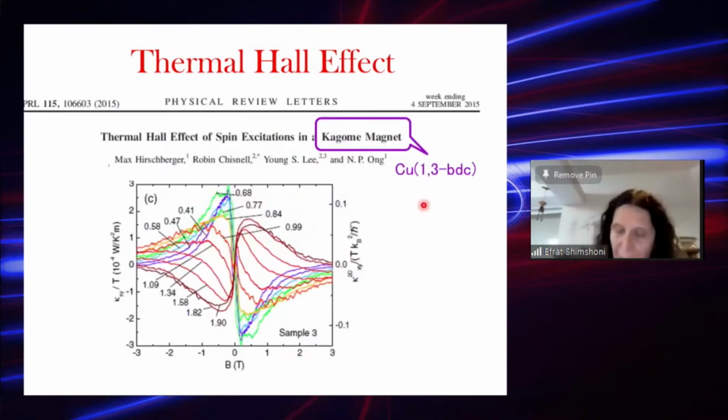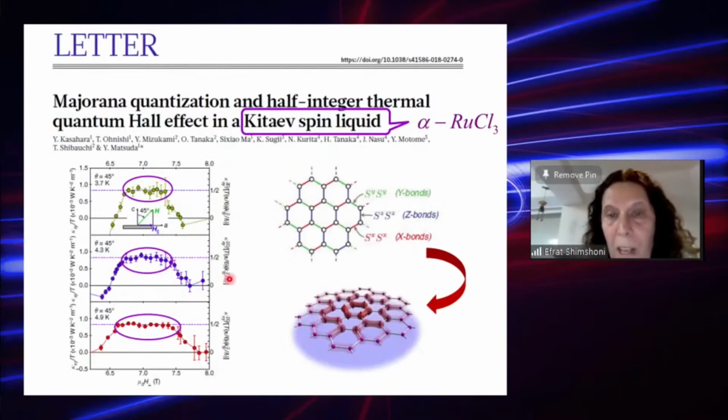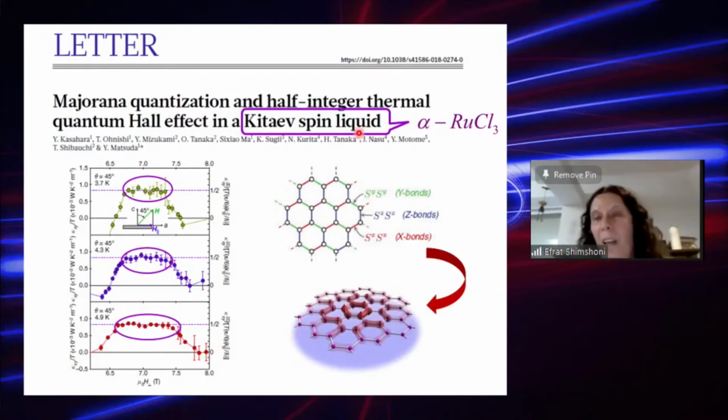Since I don't have much time, let me just mention briefly that there were some magnetic systems where a thermal Hall effect was measured, and I don't want to discuss the result except for mentioning one of them that is obtained in alpha-RuCl3, a candidate for realization of the Kitaev spin liquid model, where an interesting observation, which I think to this date is still controversial, is that in some regime of a magnetic field, they see a quantized plateau in the thermal Hall effect, and that suggests an indication of having a chiral Majorana mode.